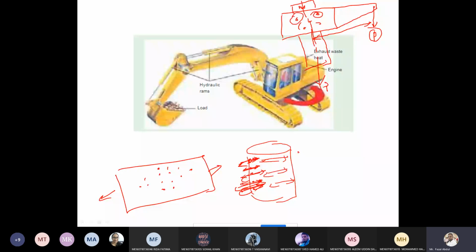So whenever you find such a situation in a question, consider it an eccentrically loaded riveted joint.